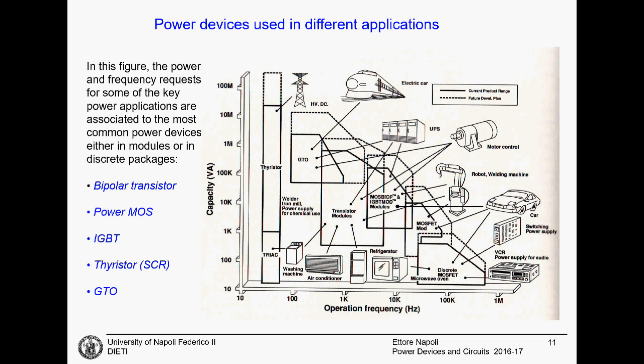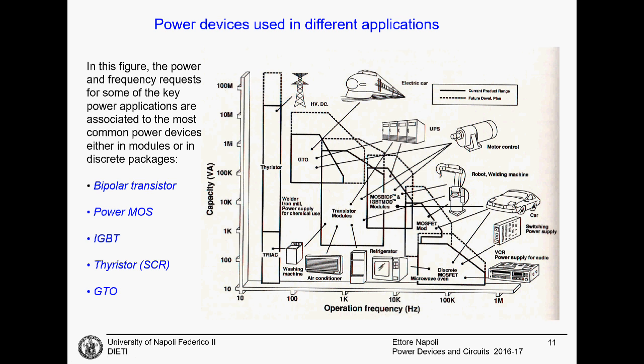I told you that as a function of the application, you need different devices. And this is the most important part of our power devices section of the lectures. We will study the different devices. In this figure, we again see the power on the y-axis and the switching frequency on the x-axis with many typical applications.